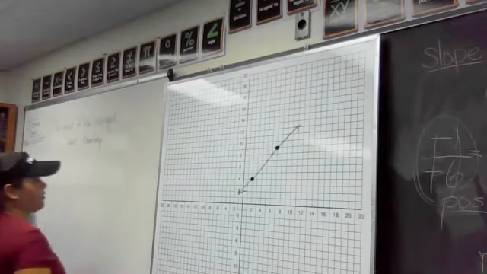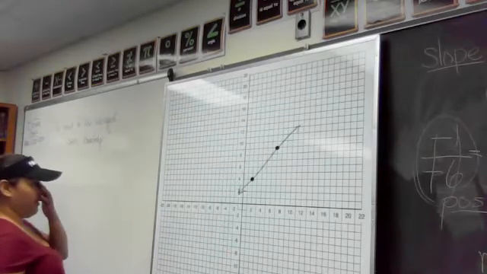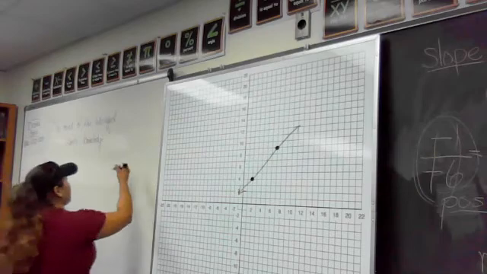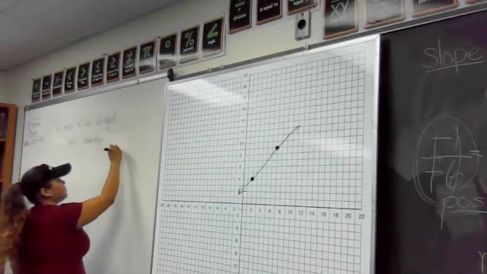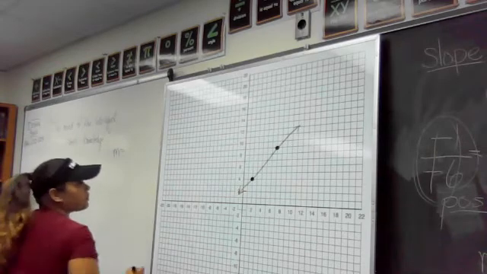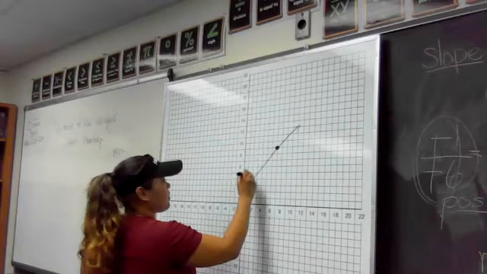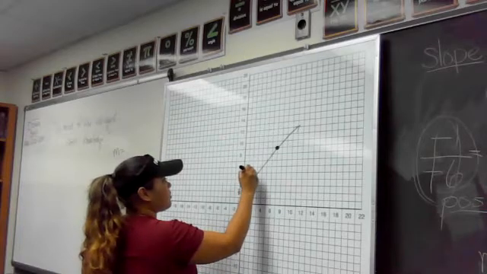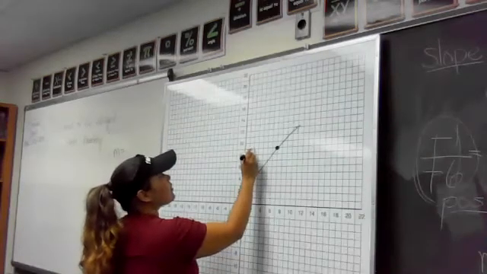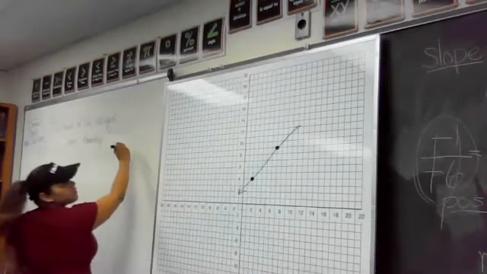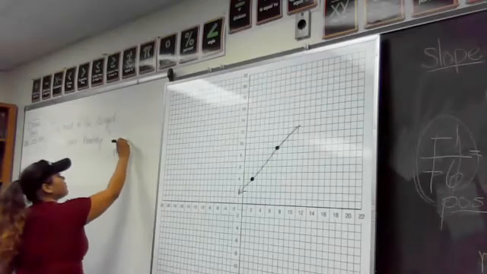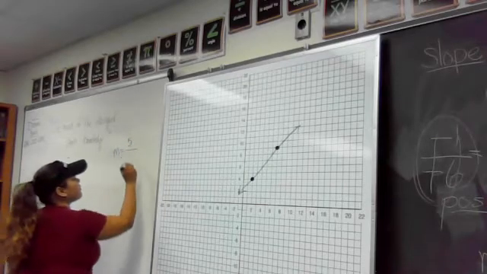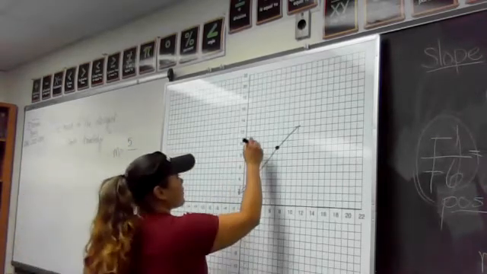So she started at the bottom point. She counted the blocks. They were in a positive direction.